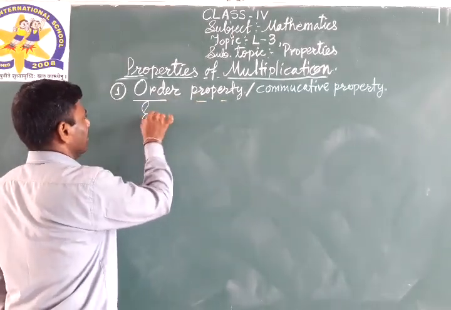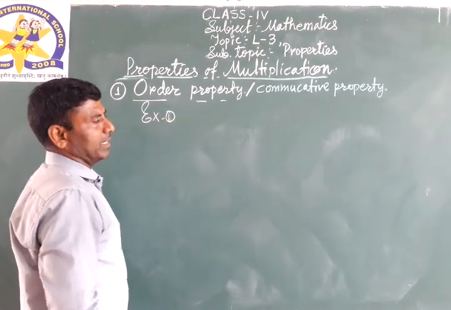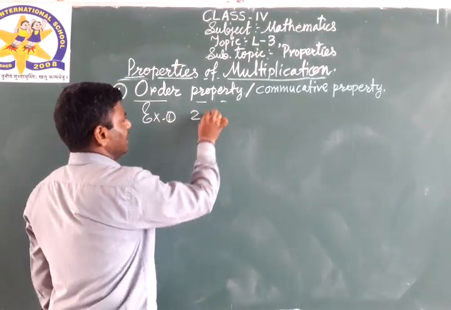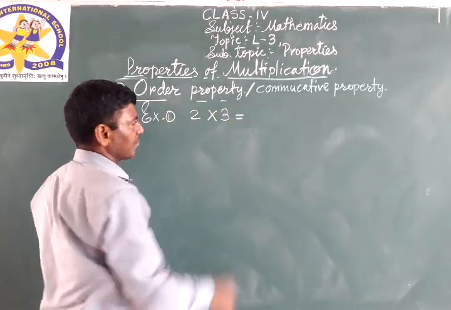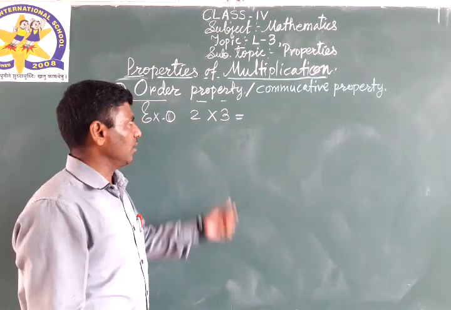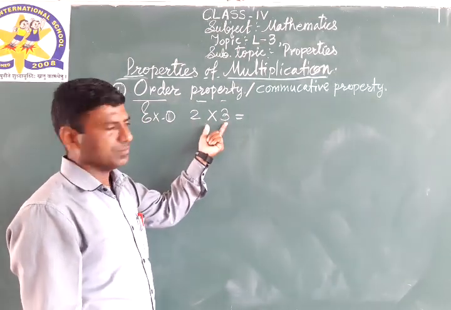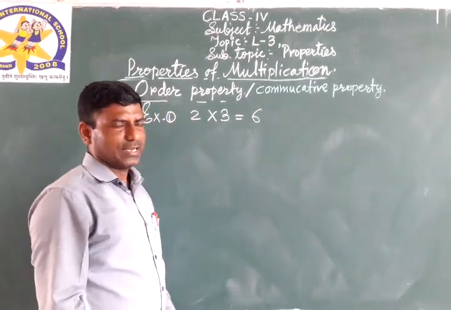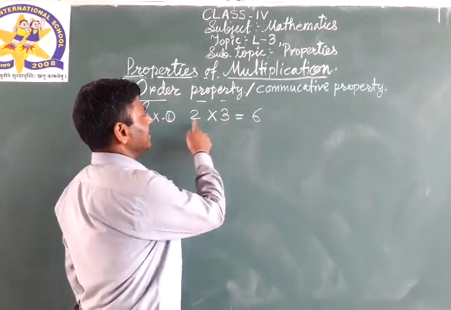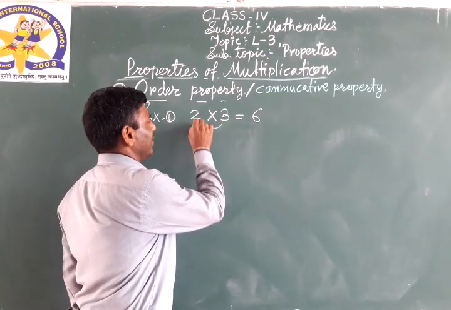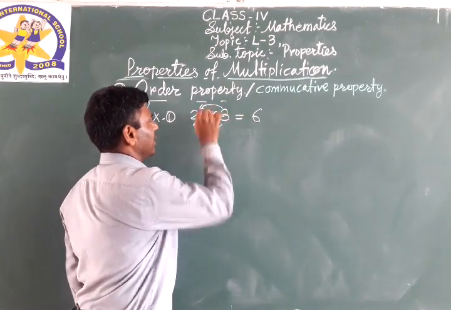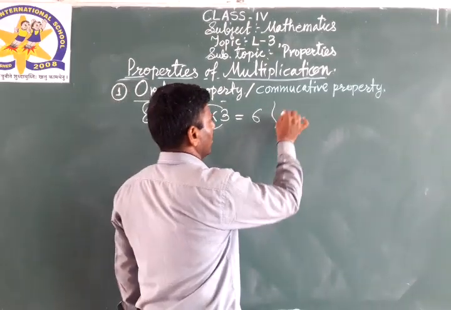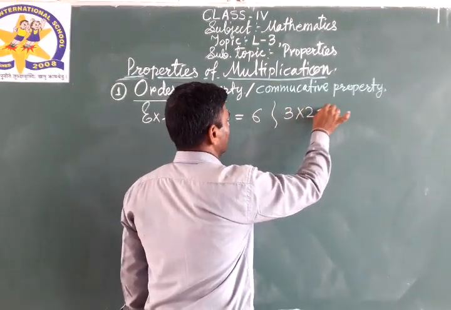Let's take an example, then your vision will be clear. Suppose 2 multiplied by 3 is the order. First 2, then 3. 2 3s are, what is the answer? 6. Now what will I do? I will change the sequence. Instead of 2 I will write 3, and instead of 3 I will write 2. 3 multiplied by 2.